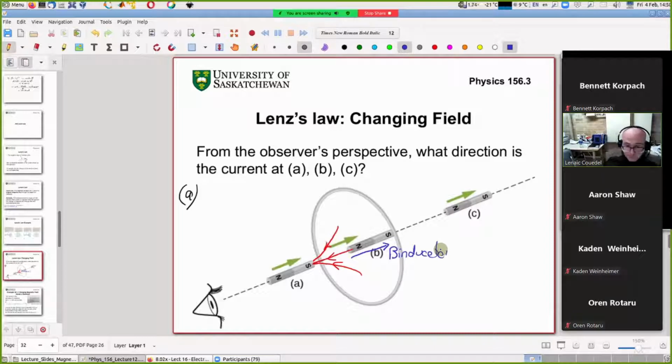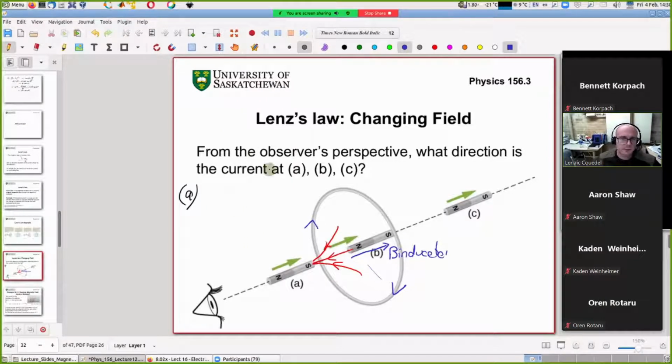And therefore, if you use the right-hand rule, you have the current, which is like that, counterclockwise. Oh, is it? No, clockwise. Sorry. Yeah, clockwise.